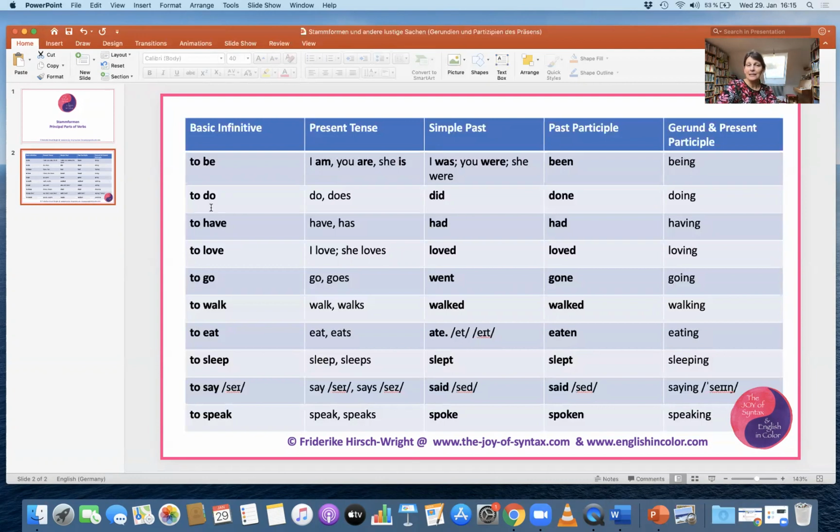A very classic word is to do, did, done. So I have all these lists in books, and there is to do, did, done, to have, had. And they only give you the principal parts for the so-called irregular verbs, which were formerly the strong verbs of English.